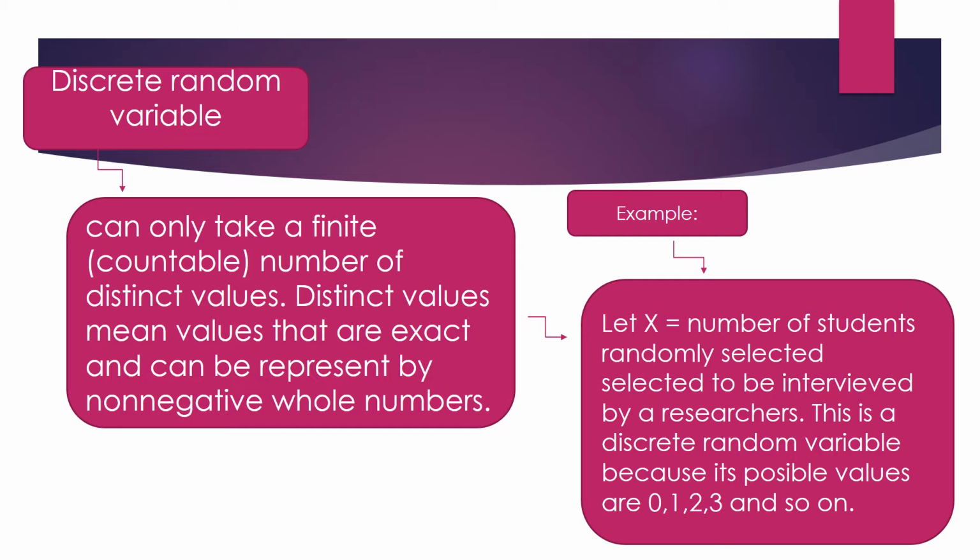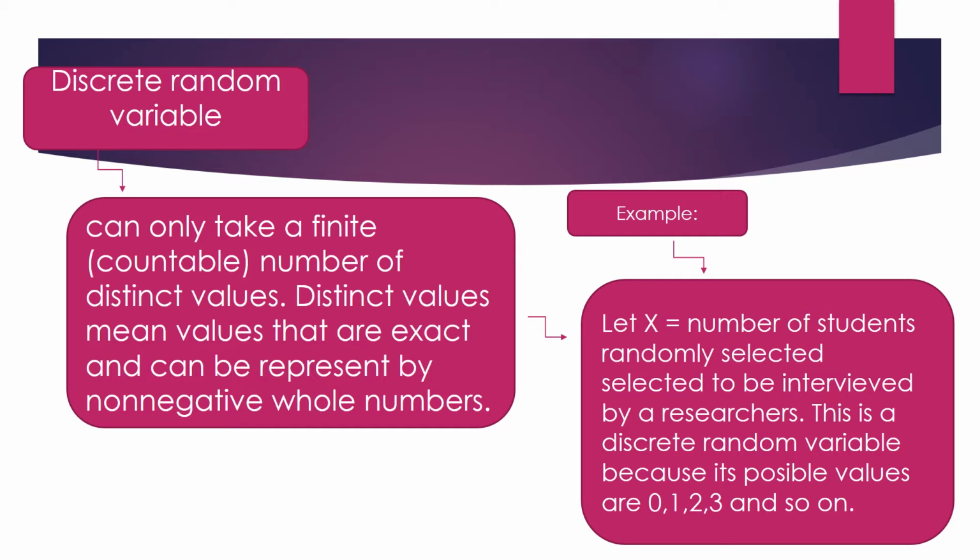Okay, example. Let X be the number of students randomly selected to be interviewed by a researcher. Class, this statement is a discrete random variable because its possible values are 0, 1, 2, and 3, and so on.